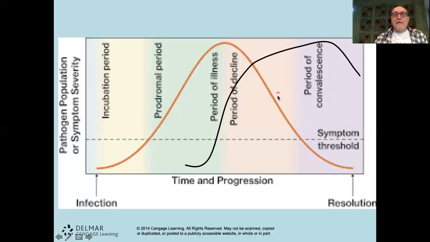And obviously, the antibody is acting against any remaining virus, preventing it from continuing the infection, and you eventually eliminate it completely. But the amount of antibody will decline, but the immune system will maintain a memory of this specific virus.